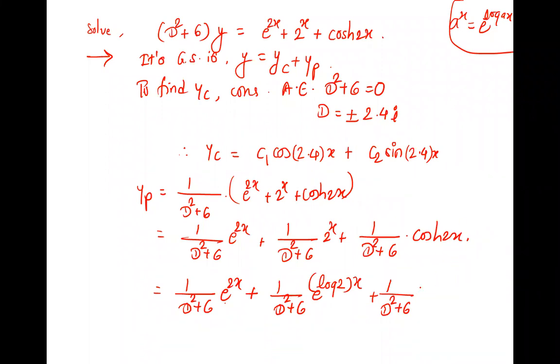Here a is 2, so the formula for e raised to 2x we'll use, plus e raised to minus 2x upon 2. Right. So everything is now in e. This again will get separated. Now we can solve.